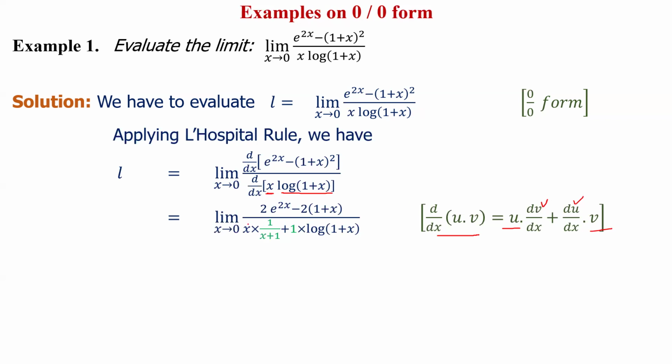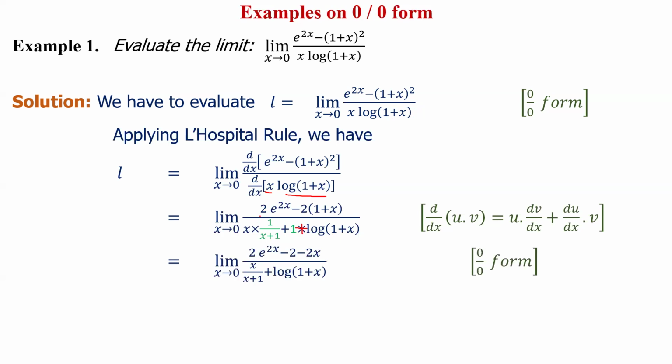Here the first function is x, and the derivative of log(1 + x) is 1 upon (x + 1). Again, the derivative of x + 1 is 1 + 0, which is 1. This is the first part. Plus, the derivative of x is 1, into v, meaning log(1 + x).